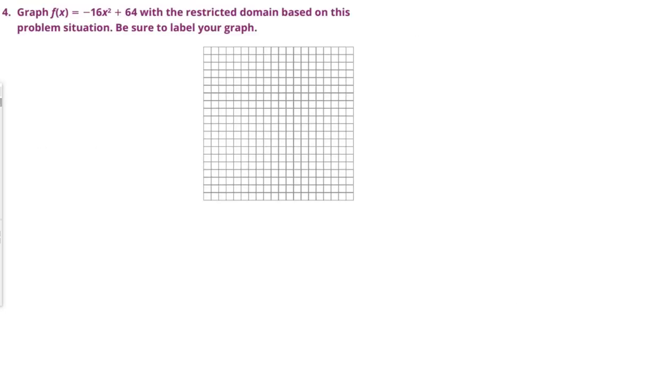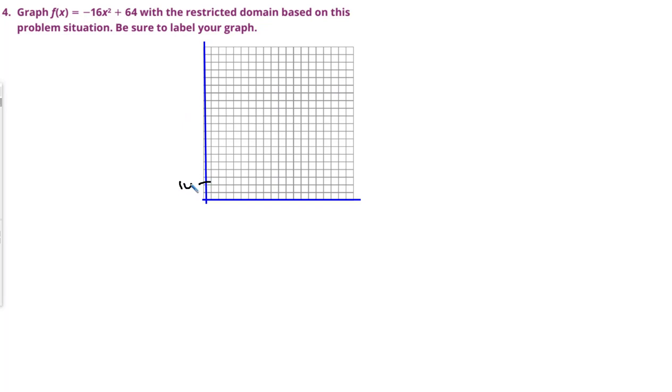So let's go ahead and graph with the restrictions based upon this problem situation. I'm only worried about that first quadrant.